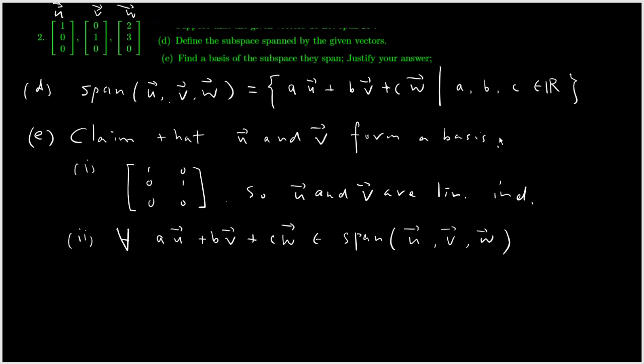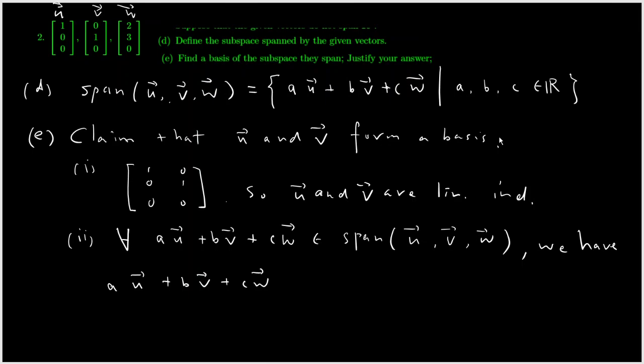We want to show each vector in the spanning set is a linear combination of U and V only. It's kind of saying W is redundant. We have aU plus bV plus cW.